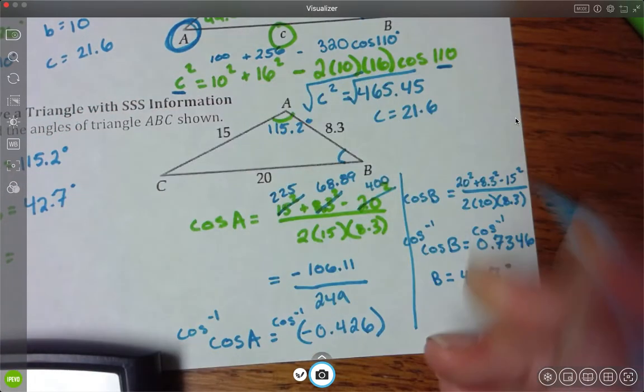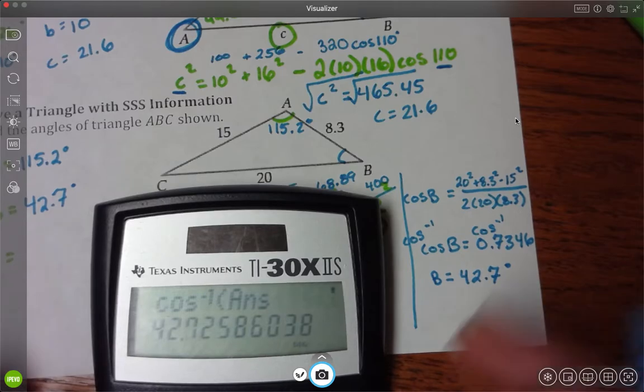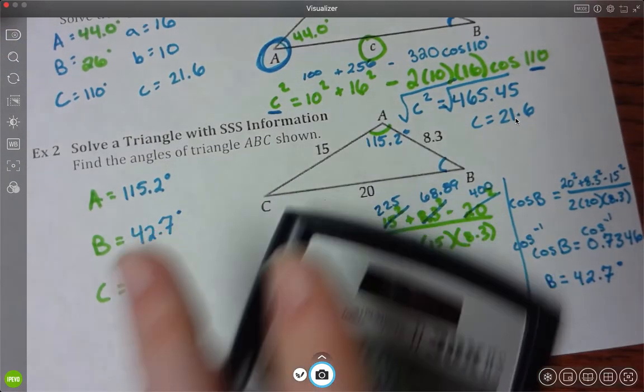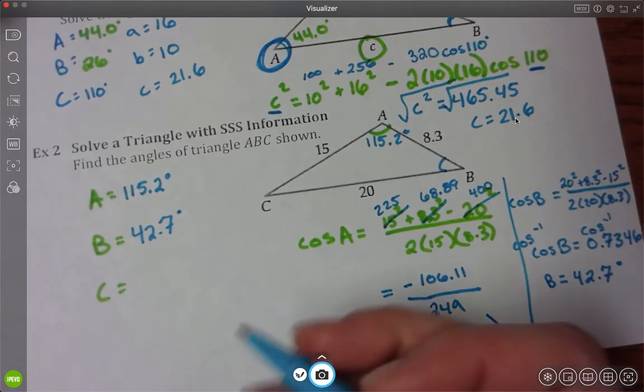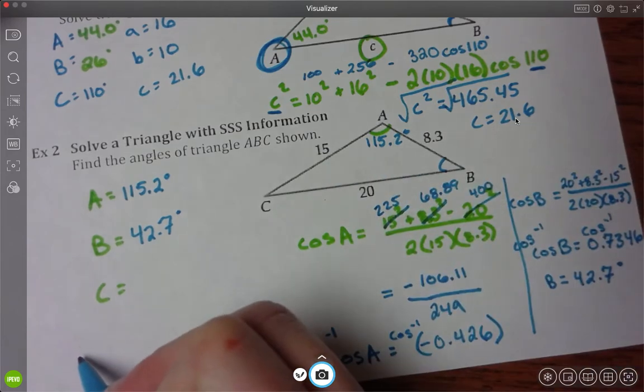Then I can just add those two together and subtract, and then I have everything done. So I'm going to add that to 115.2, and that is 157.9.